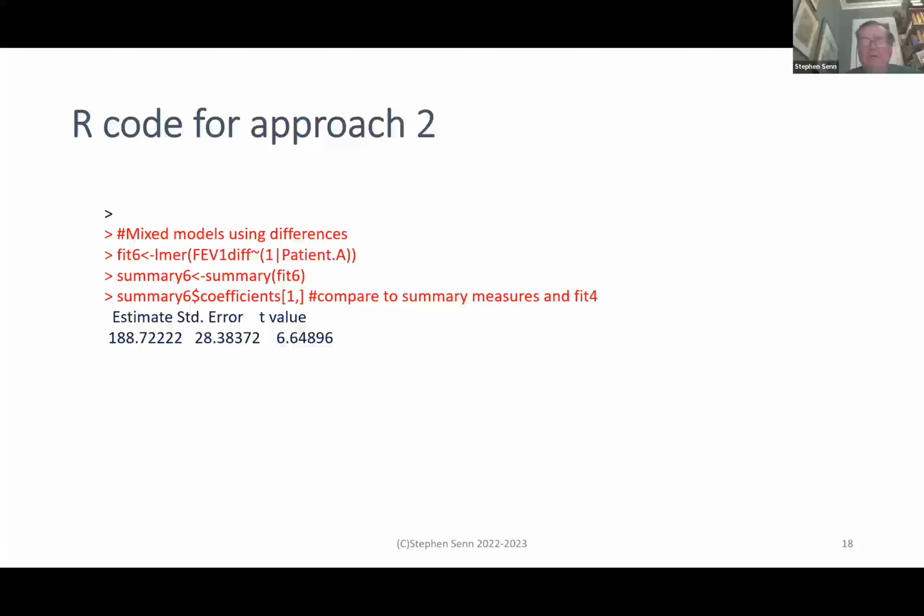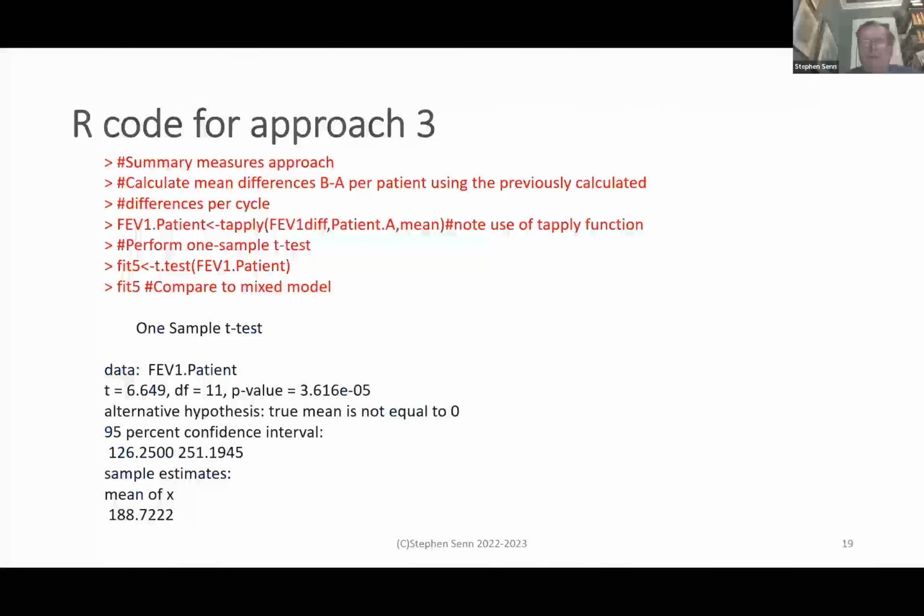Approach number 2, this is using differences. Here I'm simply modeling the differences. In that case, I've actually reduced them to differences, I think, of treatment B minus A, and I can simply model them in this particular way. And we get exactly the same answer we had before. Makes no difference.